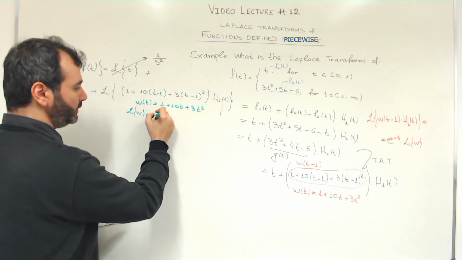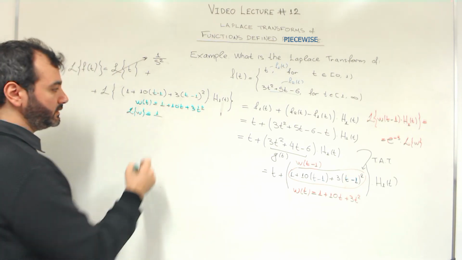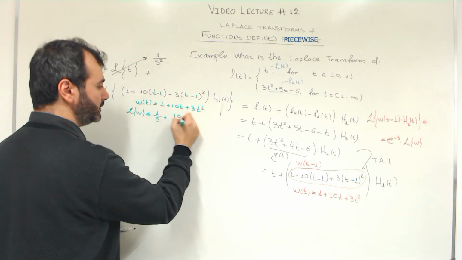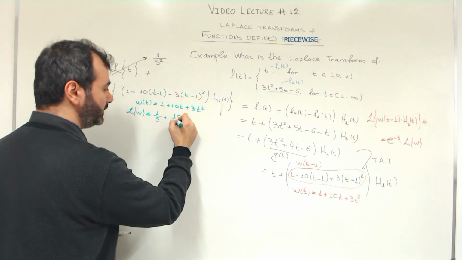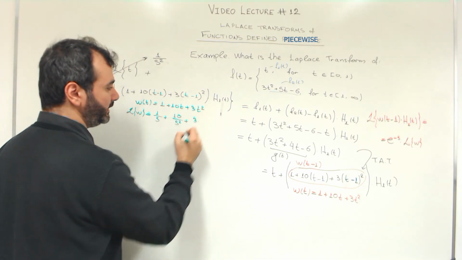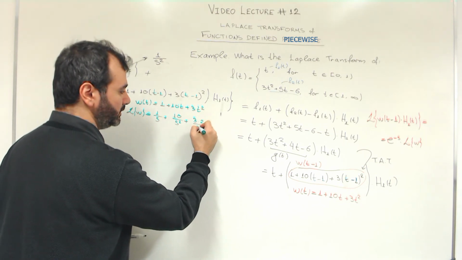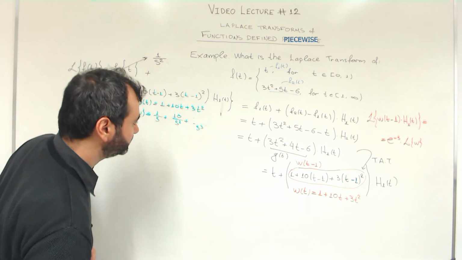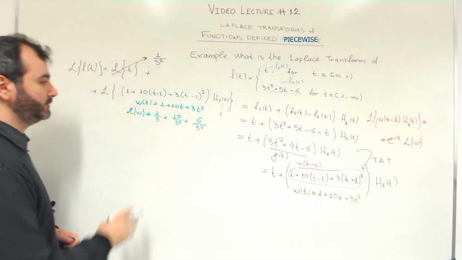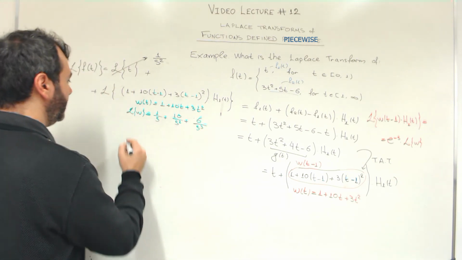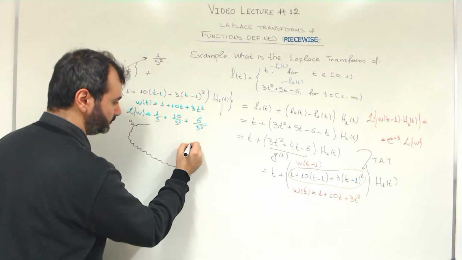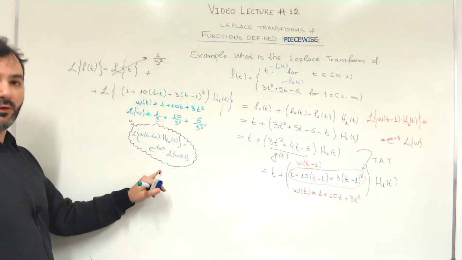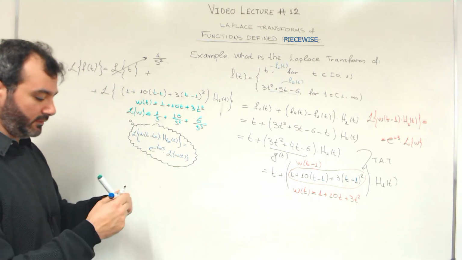So the Laplace of w is Laplace of 1, so this is 1 over s, plus the Laplace of 10 times t, so 10 divided by s squared, plus 3 times 2 divided by s to the third power, and 3 times 2 is 6. So this is the Laplace of w. And we know this from the theorem that we stated before.